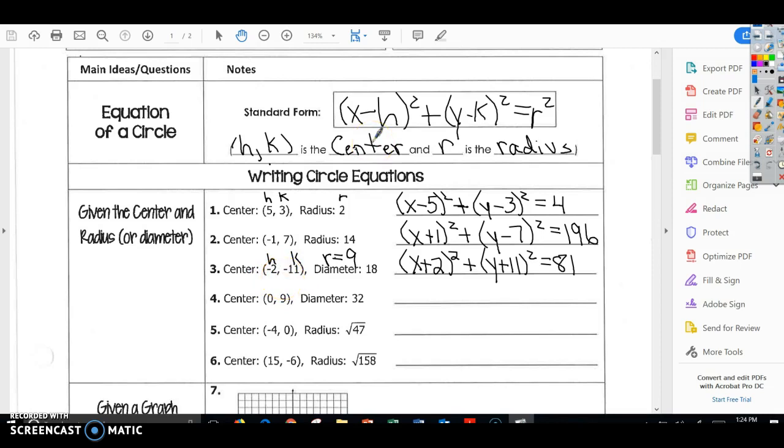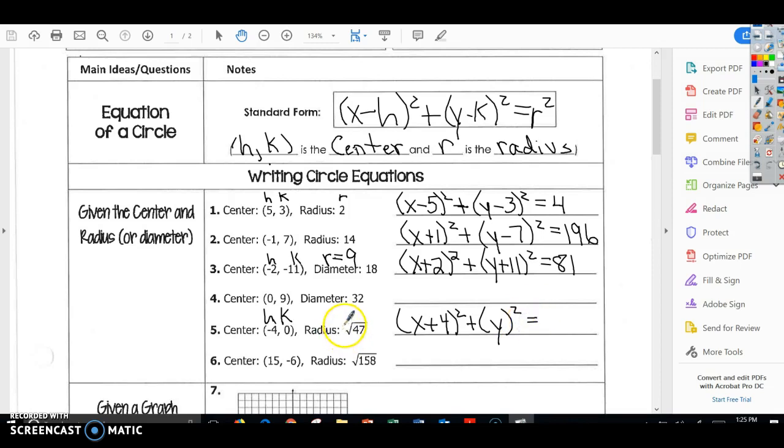Okay? All right, so let's look at one down here that has a square root. This looks harder, but it's actually no different. All right, so if we have the center, x minus -4, and y minus 0, so if you have plus or minus 0, you can put that, but you really can just put squared because plus or minus 0 doesn't really change anything.